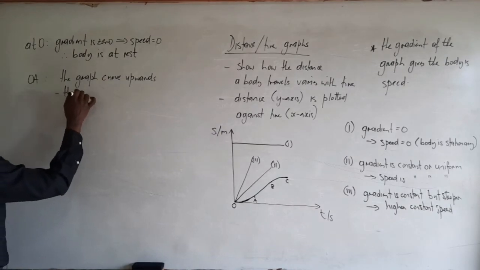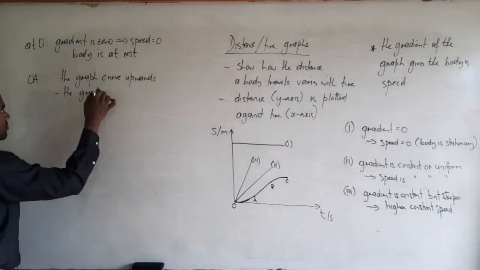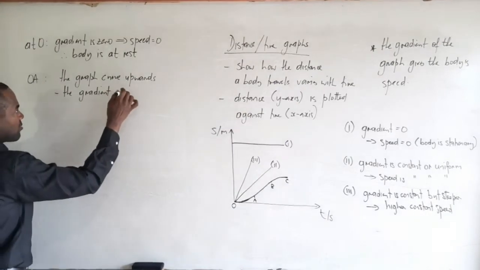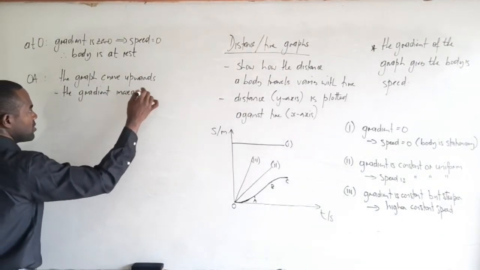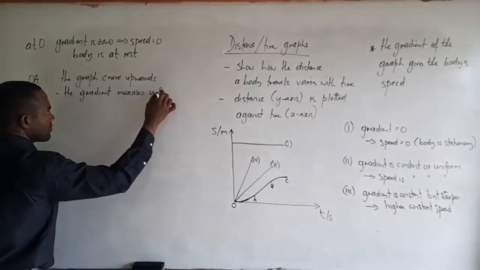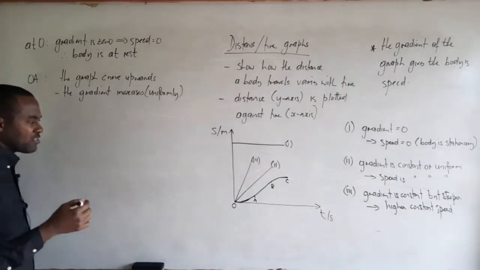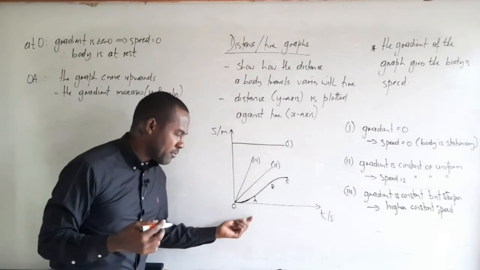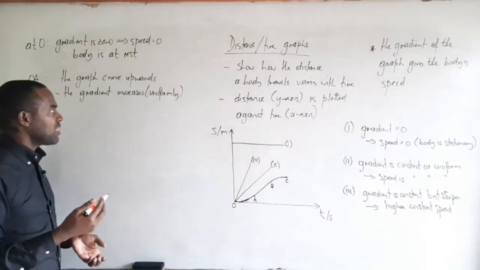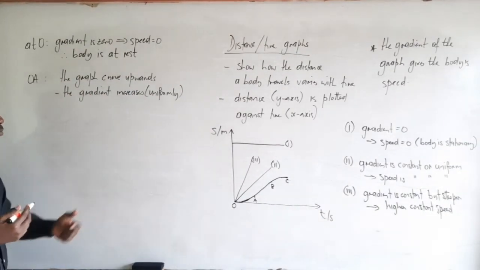The gradient increases uniformly. Now, you might not be able to tell that the gradient is actually increasing uniformly from this curve, but of course, just take it that the gradient is actually increasing uniformly.